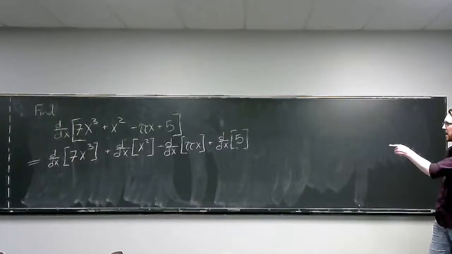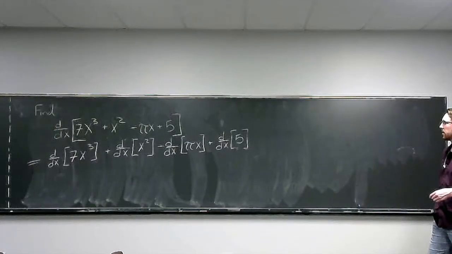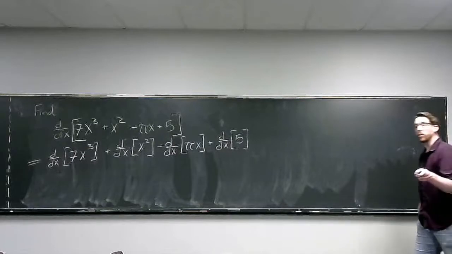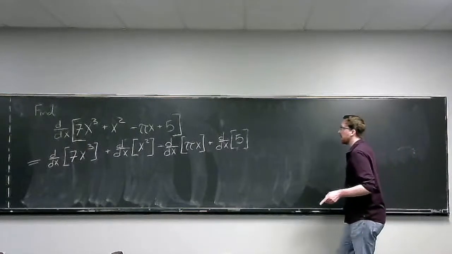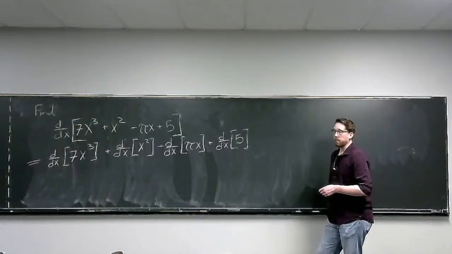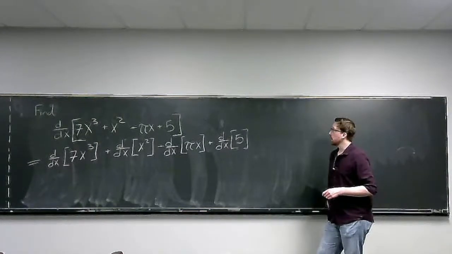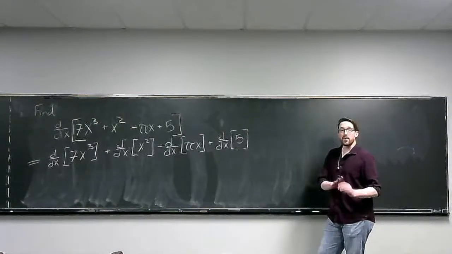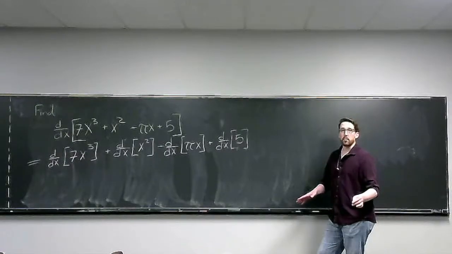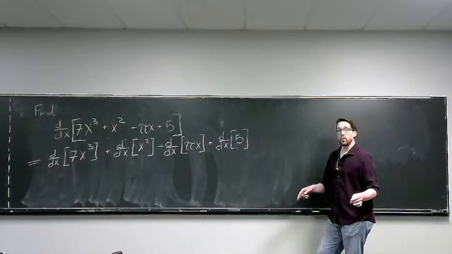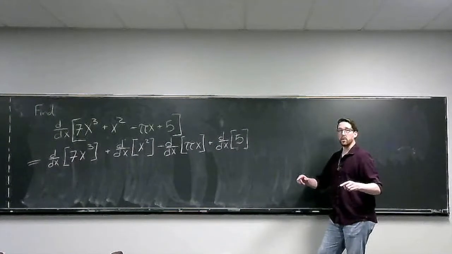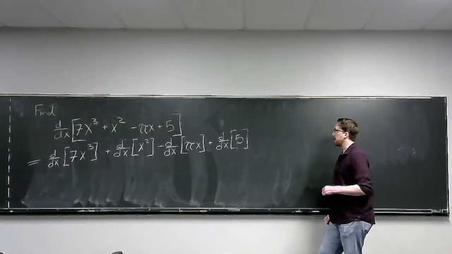Now that we have it broken up like this, there's two derivatives in particular that jump right out at me, because we just talked about them, and these are rules that we can apply right away. The other two, we have to do some rearranging, but we'll be able to solve them in just a second.